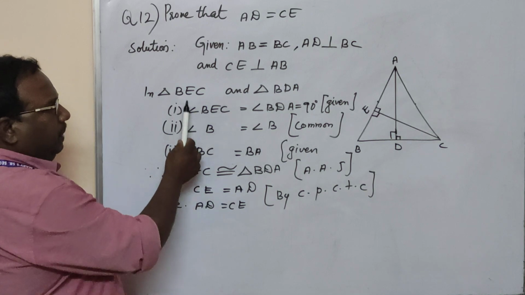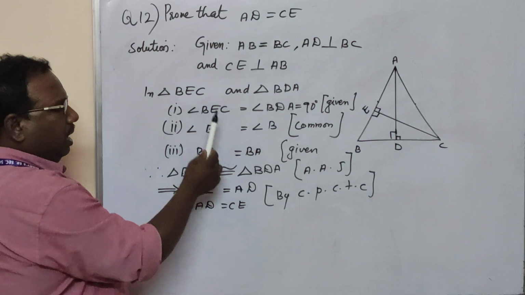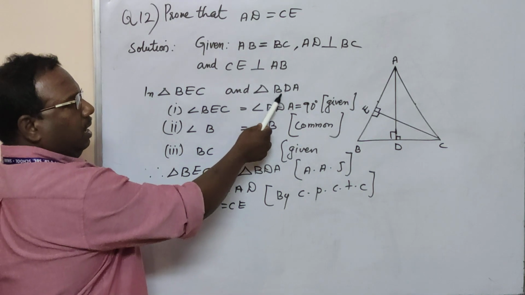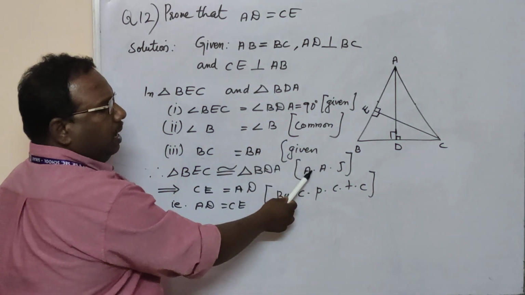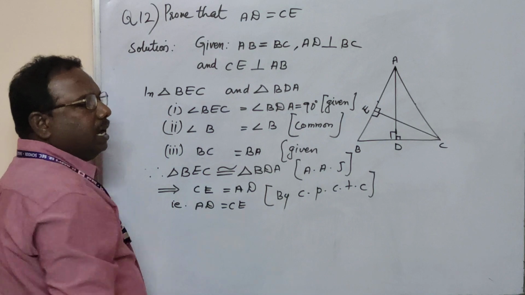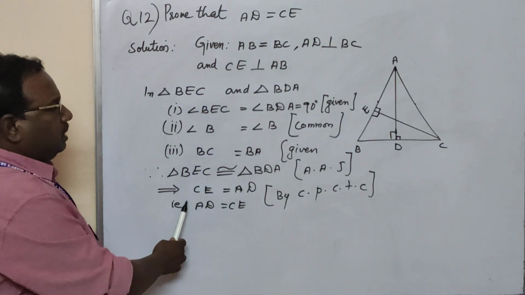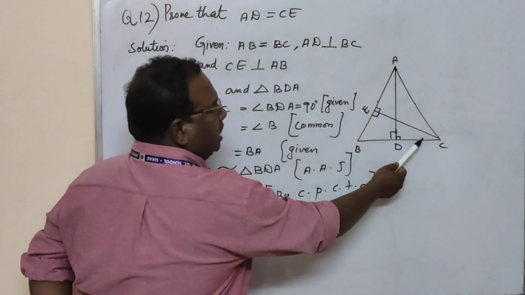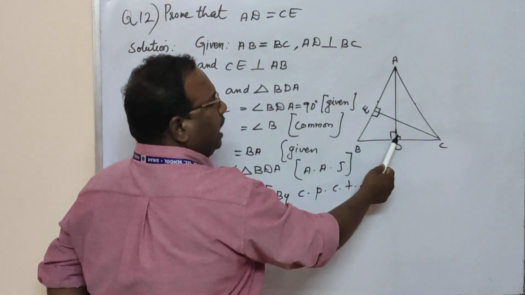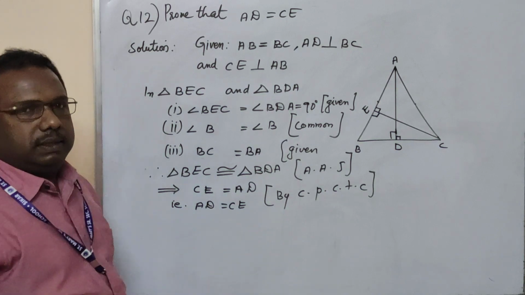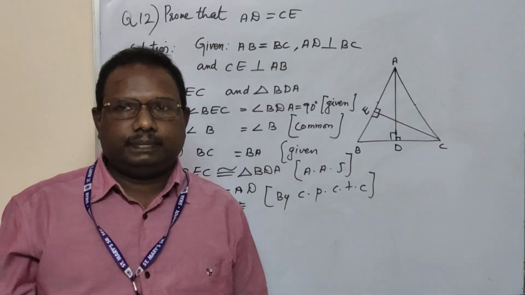Therefore, triangle BEC is congruent to second triangle BDA by angle side criterion of congruency, which implies this CE equal to AD by CPCTC. This is the answer.